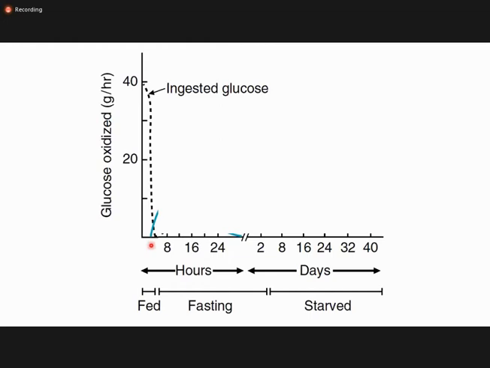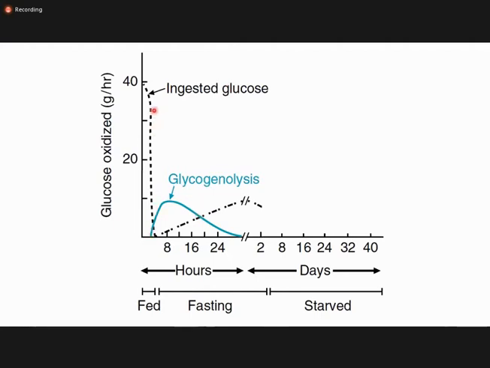Now, just after 4 to 6 hours of taking a meal, we have another source of glucose, that is glycogenolysis. The blue line is representing this source of glucose.